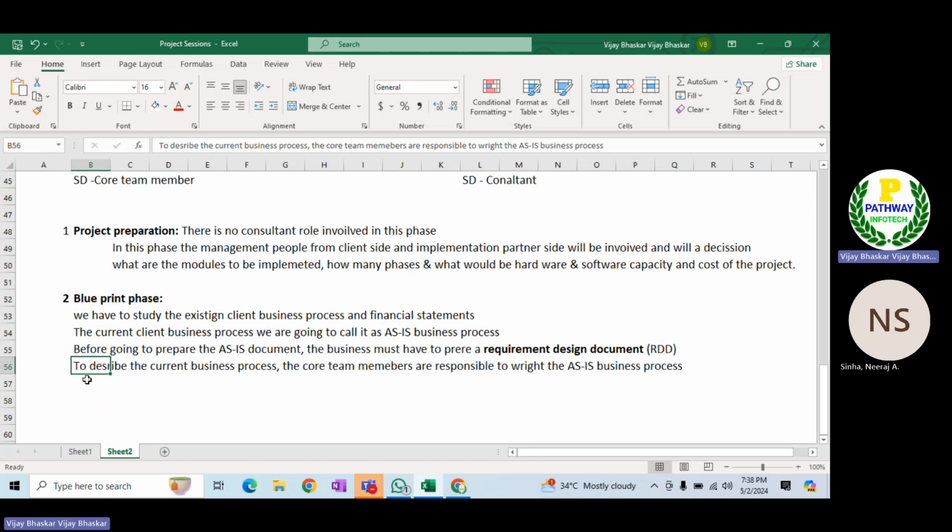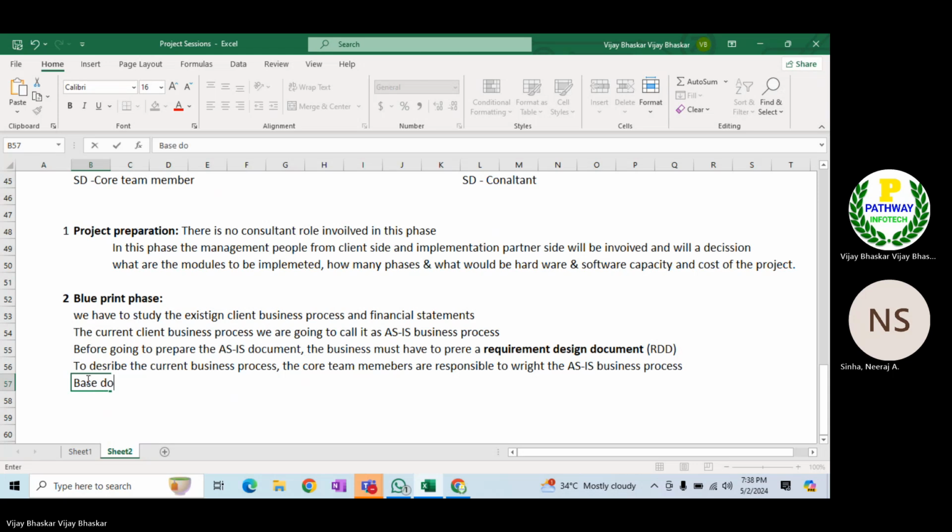Then, based on the RDD document, or requirement design document, we will prepare a, we means who? The question will come, who? Let's make it clear.